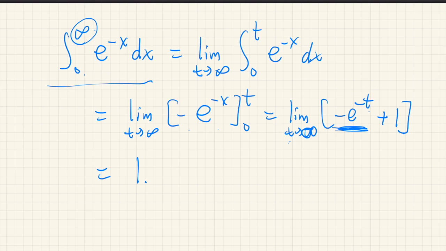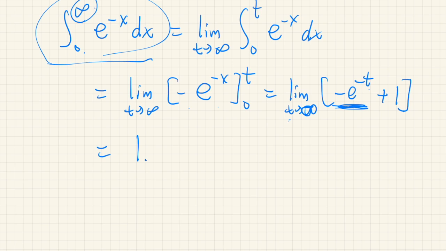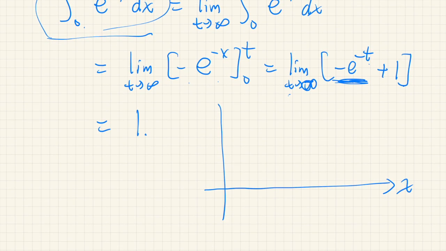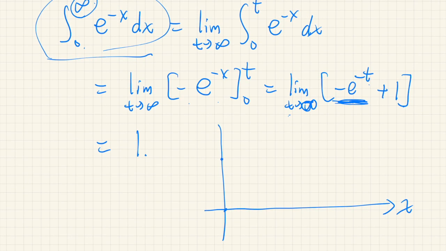Let's visualize this integral. So exponential of negative x, it looks like this. We're integrating from 0 to infinity, so let's consider only positive x here. Starting from here, when x is equal to 0, this function takes the value of 1. And as x increases, this function monotonically decreases.